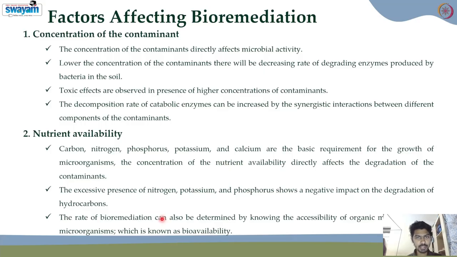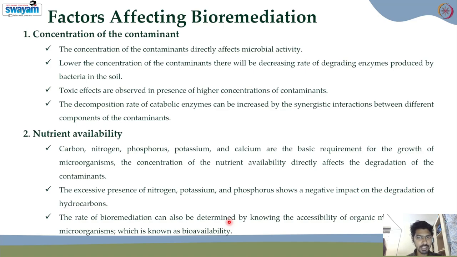And the third important point is that the rate of bioremediation is also determined by the accessibility of the particular pollutant to the microorganism. So what happens? You have to make sure that the pollutant is rightly available for the microbes. We call this term bioavailability.